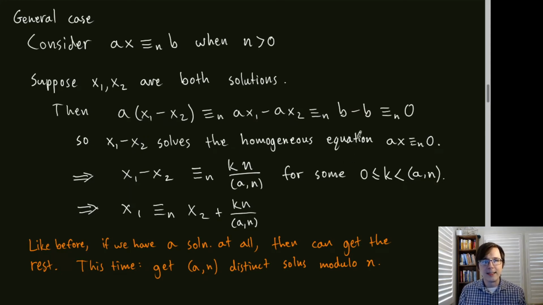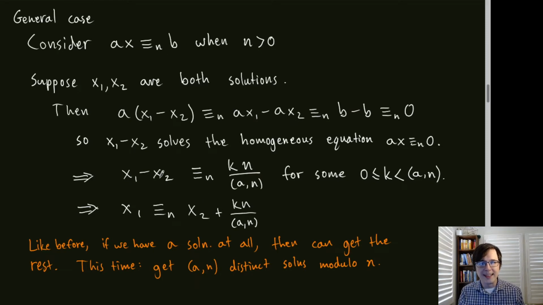So then, using the previous slide, we know that the solution set for these differences can be described as all of these k times the modulus over the GCD for all these possible k.